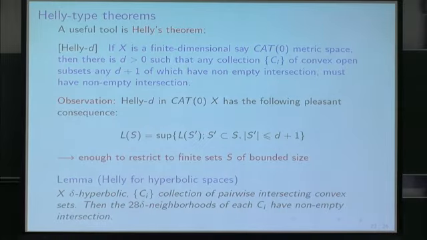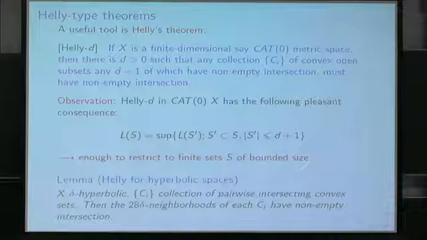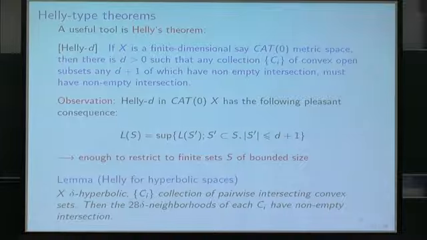And for hyperbolic spaces, you have a quasification of what I just said. If you have a delta-hyperbolic space and any collection of pairwise intersecting convex subsets, then if you enlarge them by just 28 delta, a small enlargement, they will have a common intersection.